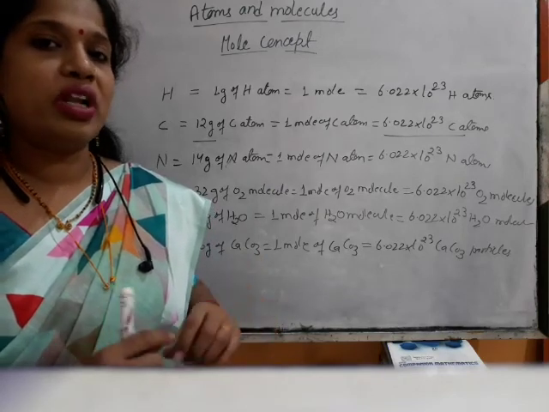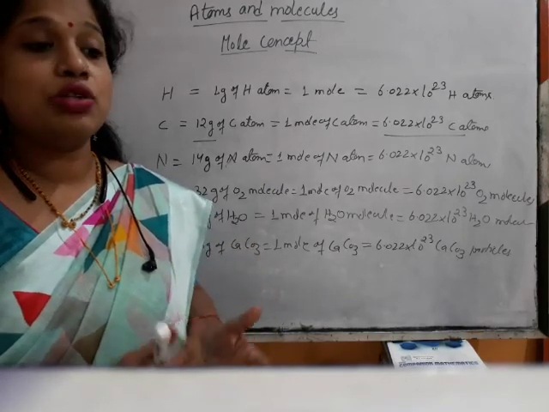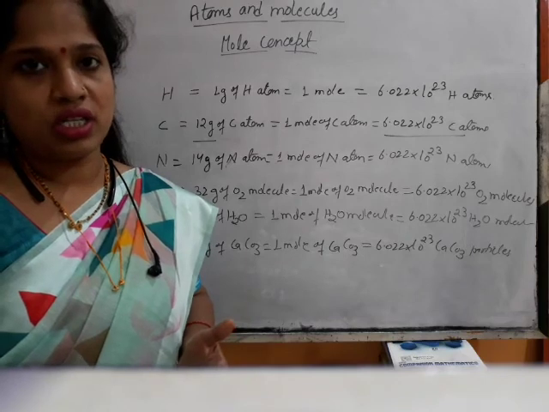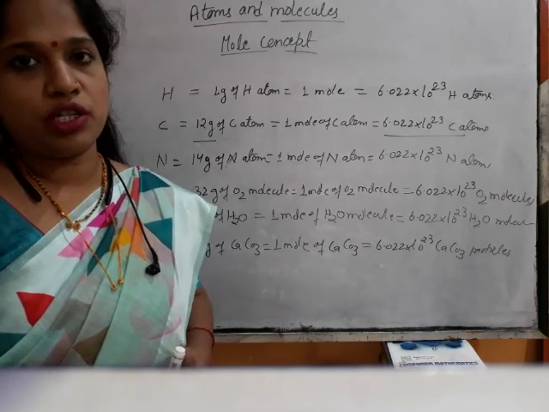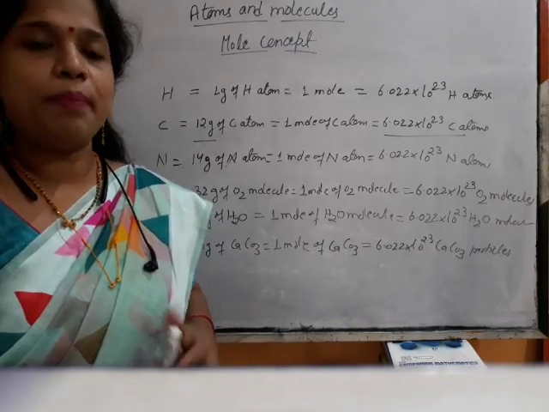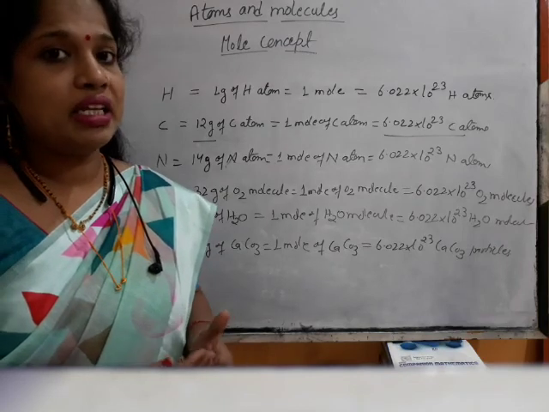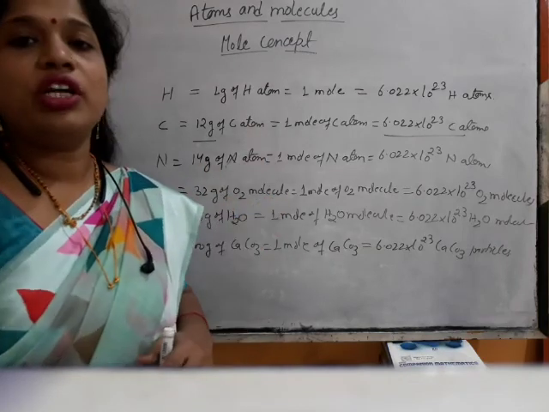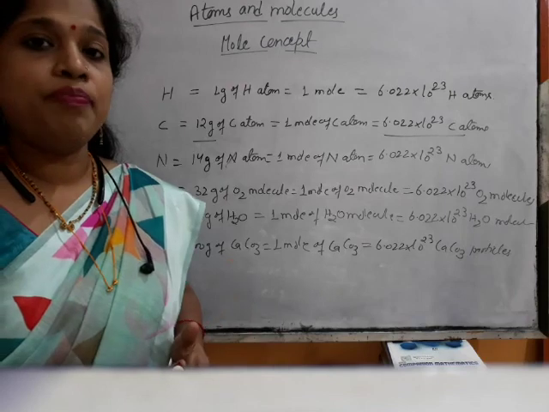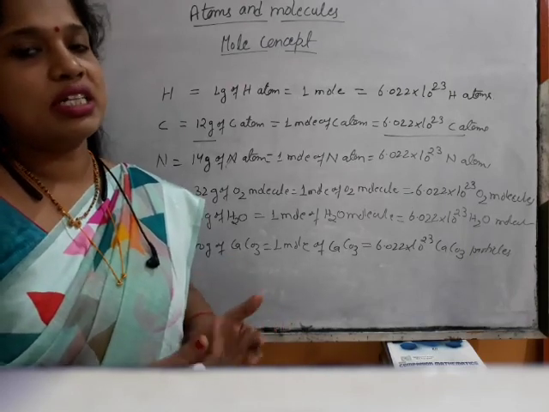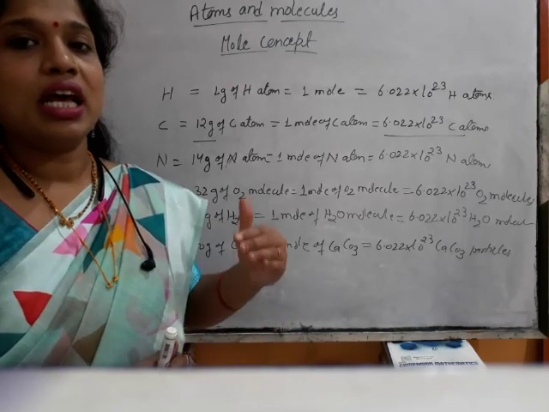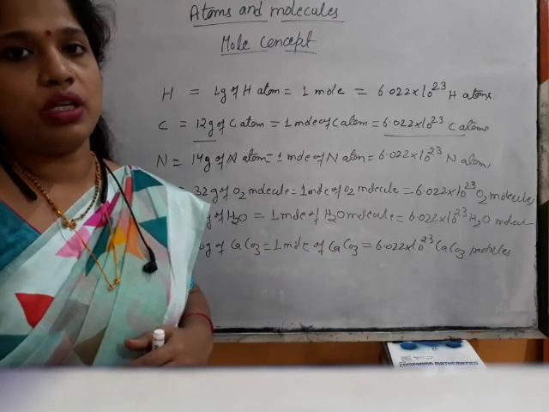Your concept will get clearer when we solve different questions, the numericals based on the mole concept. Please try to understand, please read the books and see my videos again and again. The numericals based on this we will discuss in the next video, that is part 2 of this video. Thank you.